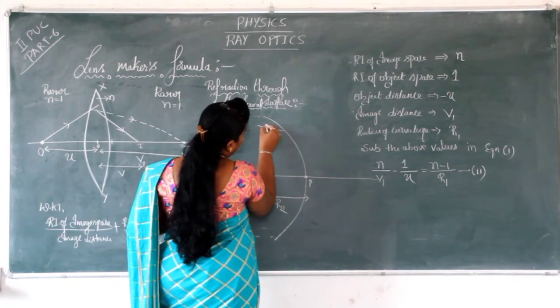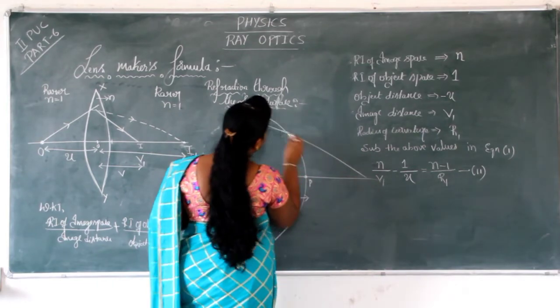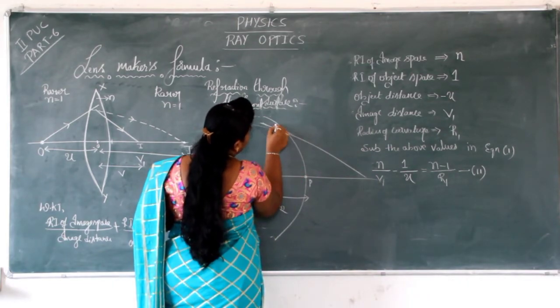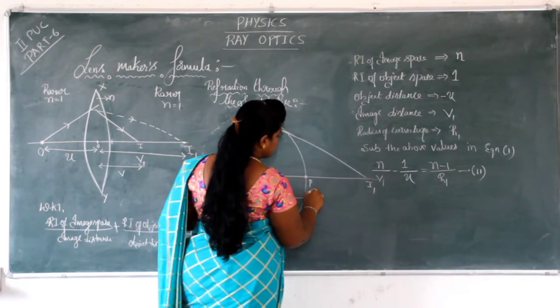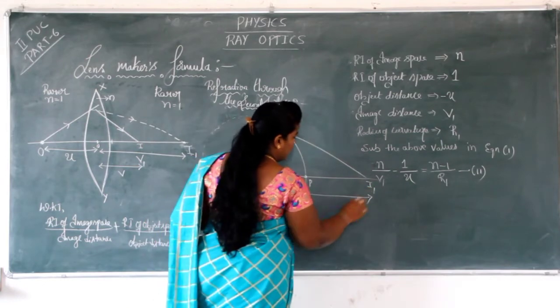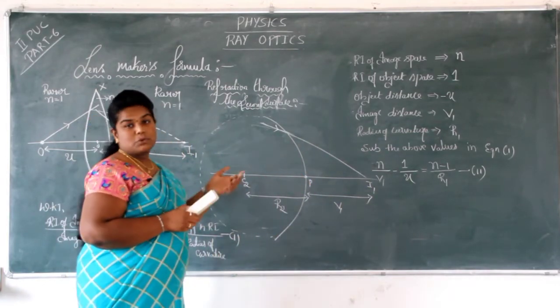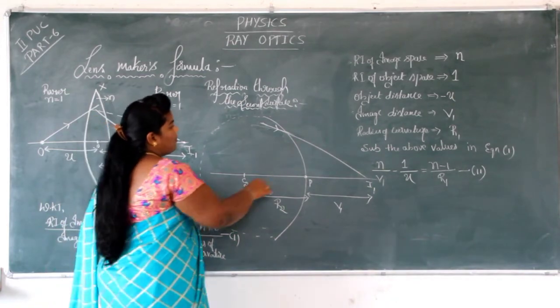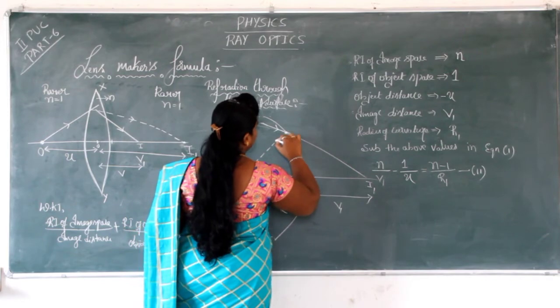So already the I1 is present here. Please be careful, I1 is a virtual object. So at the point of incidence, I am going to draw the normal.